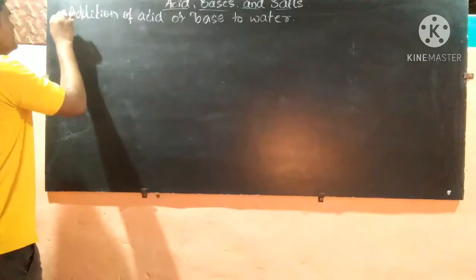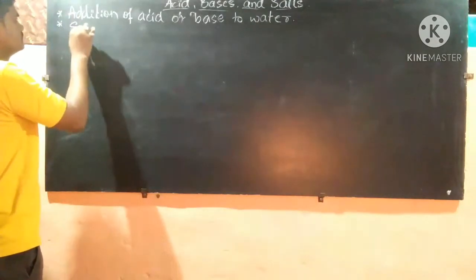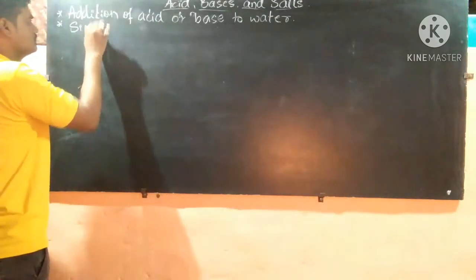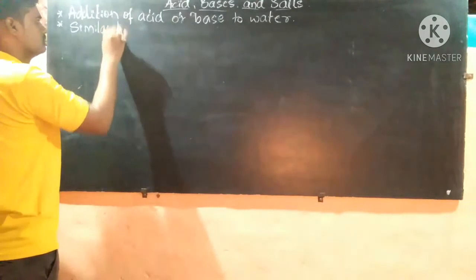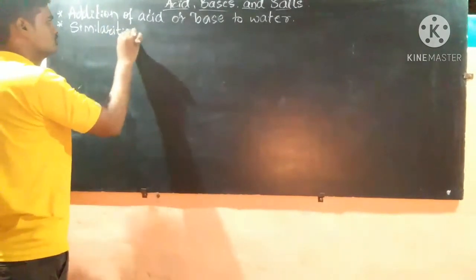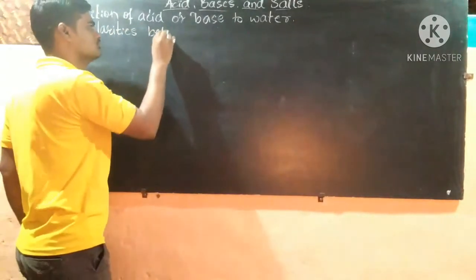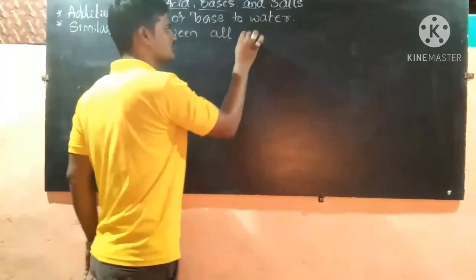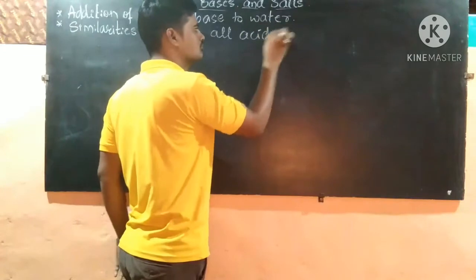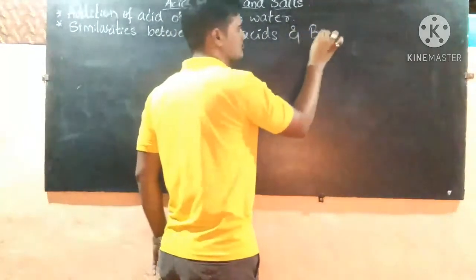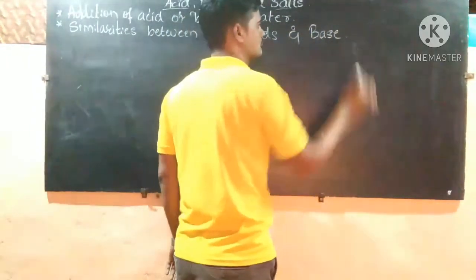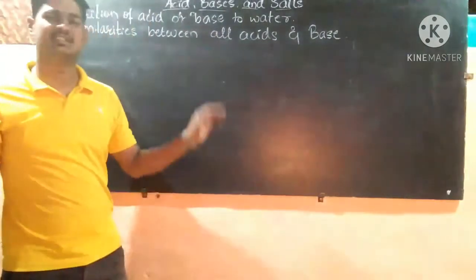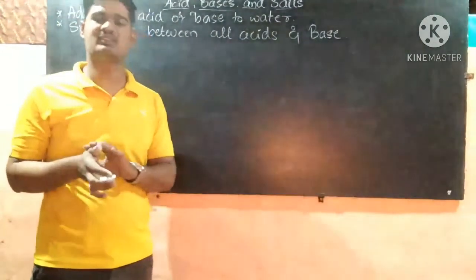And the next one is similarities between acids and bases.